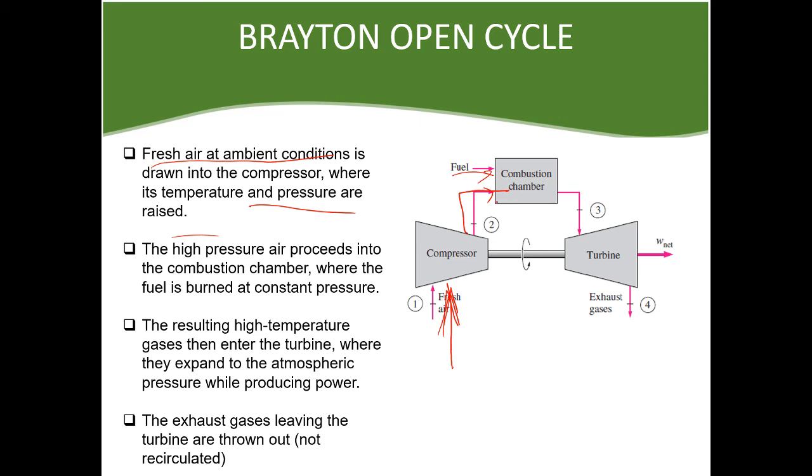And then fuel is burned at constant pressure, and the resulting high temperature gases enter the turbine where they expand to atmospheric pressure while producing power. The exhaust gases leaving the turbine are thrown out. So, yung mga exhaust gases, released to the environment.